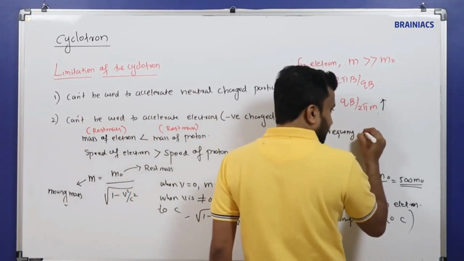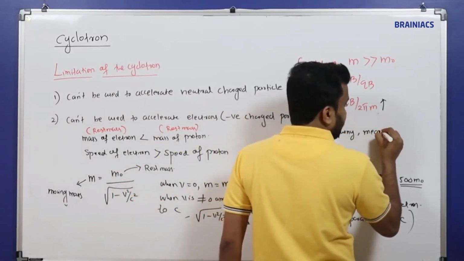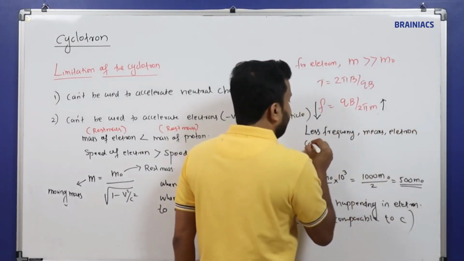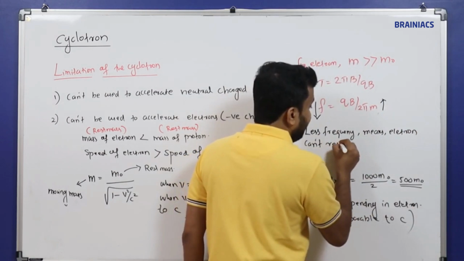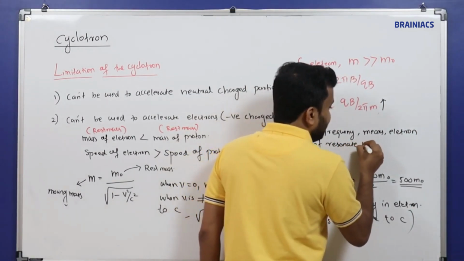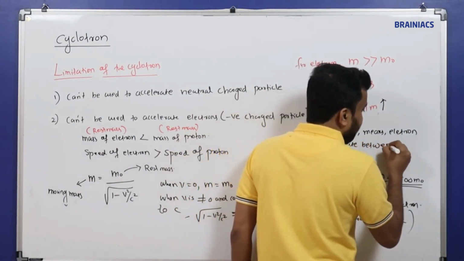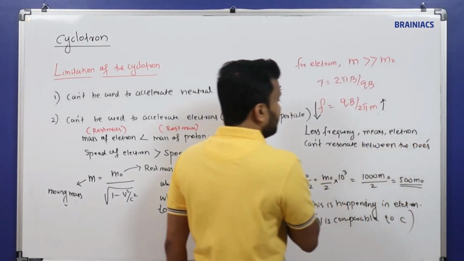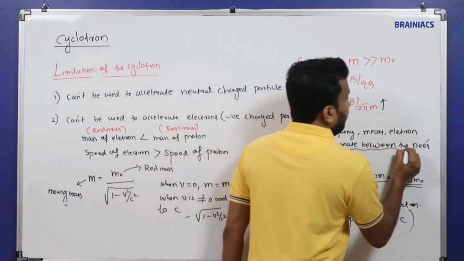Less frequency means the electron can't resonate between the Ds. Between the Ds, these electrons can't resonate.